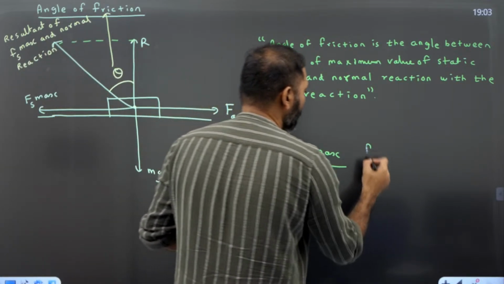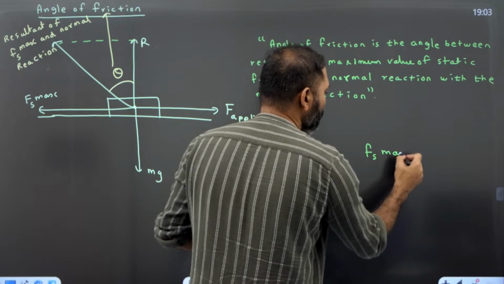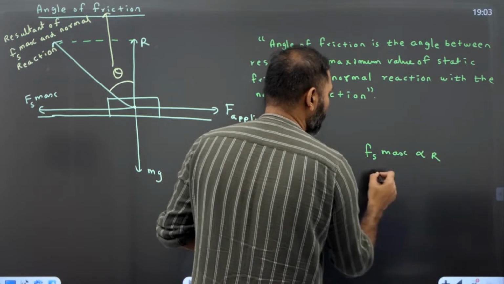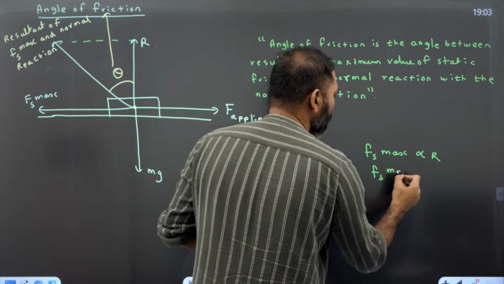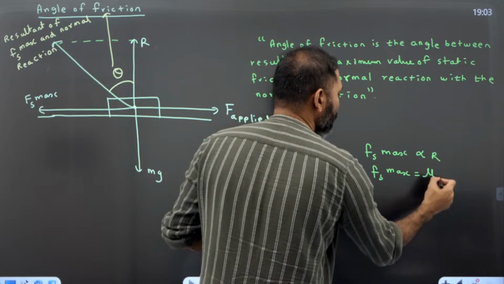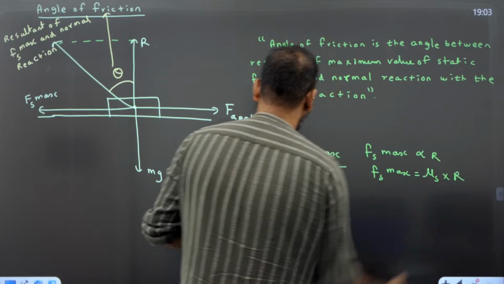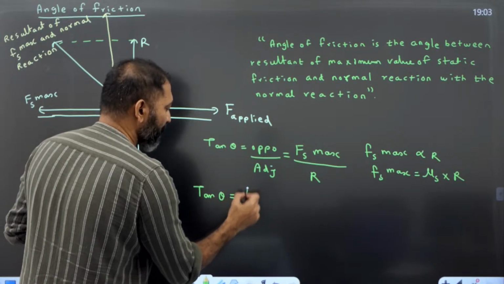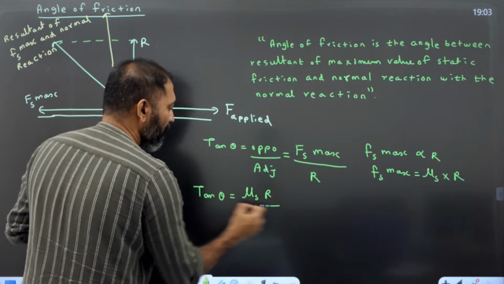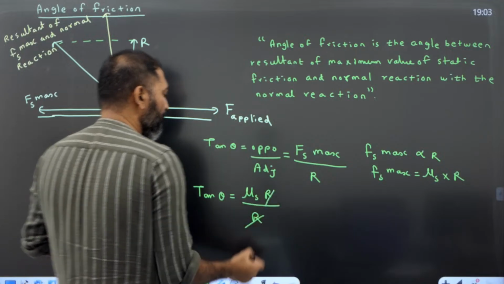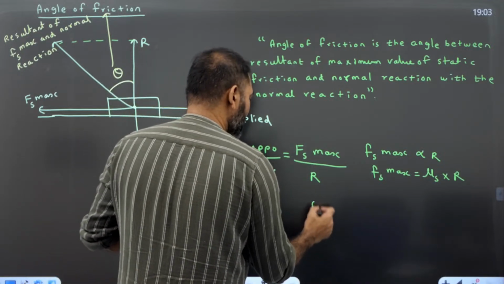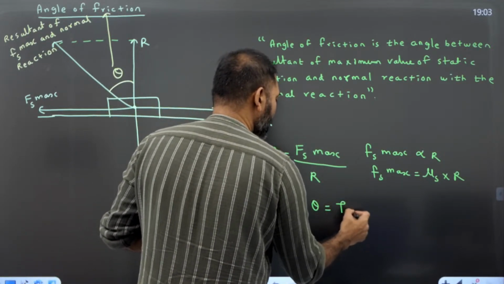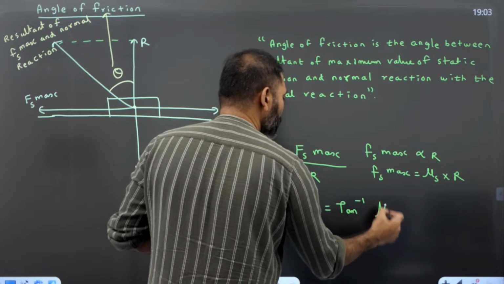I know that Fs max is directly proportional to normal reaction, and Fs max is equal to mu S R, the coefficient of static friction times normal reaction. So tan theta is mu S R by R. R gets cancelled. So the angle of friction theta is tan inverse mu S.